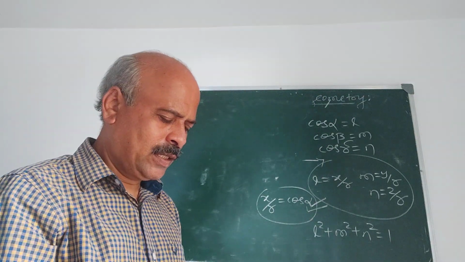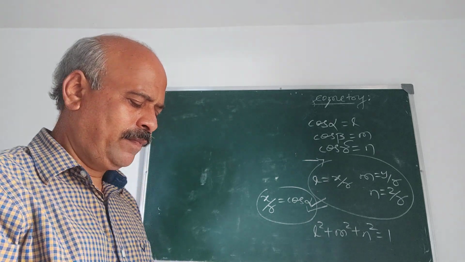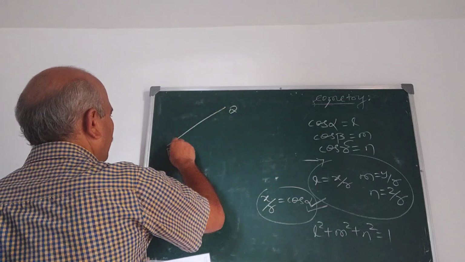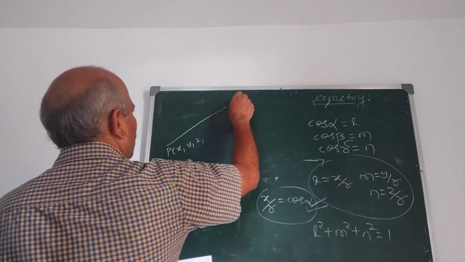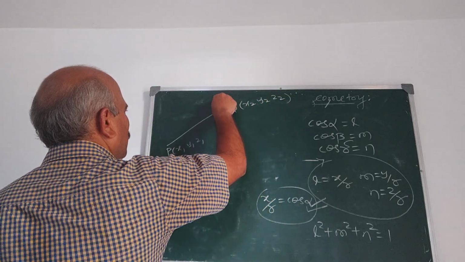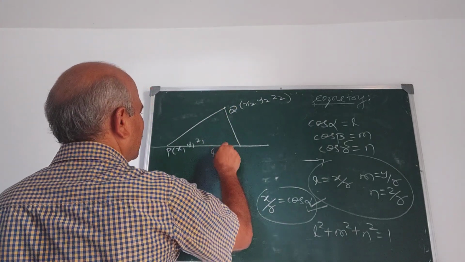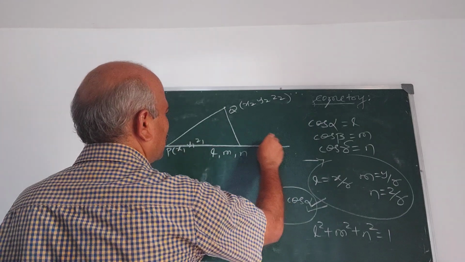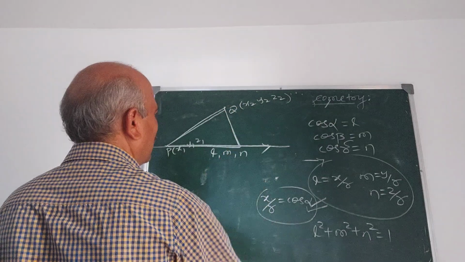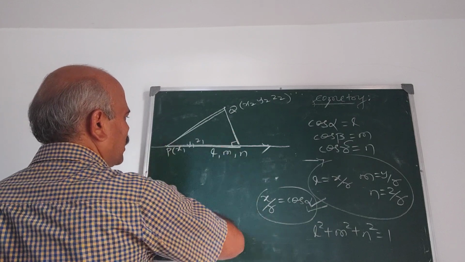And what are the next things? Projection of a line on another. Suppose this is the line PQ, where P is x1, y1, z1 and Q is x2, y2, z2. Then the projection of this line on another line whose direction cosines are L, M, N: if you draw a perpendicular from here, then this is called the projection.